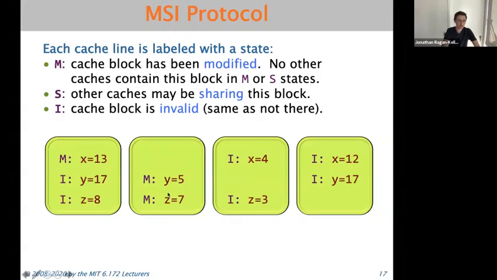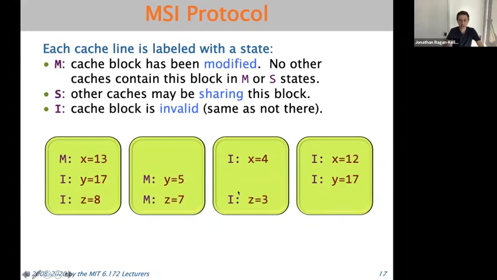And if we want to modify a value, as we saw, we need to make sure to invalidate it and claim a local modified copy. Basically, this modified state is like an exclusive ownership bit for that piece of memory. So if we want to modify things, we need to make sure that we have ownership over them first. All right. So that's the basic idea of MSI.